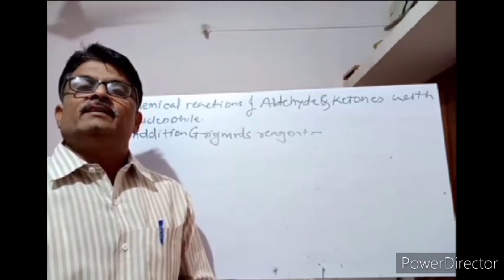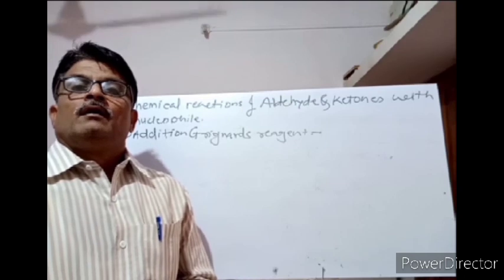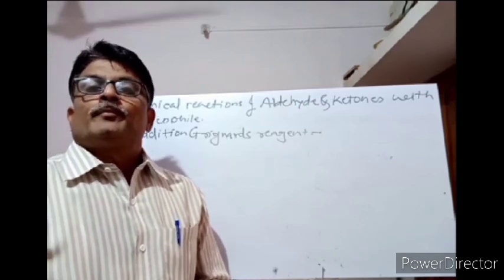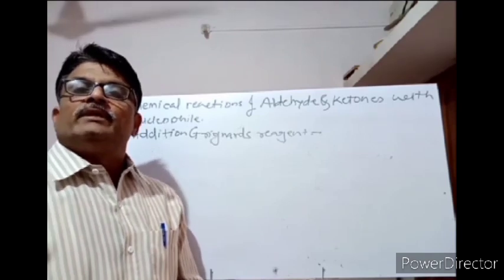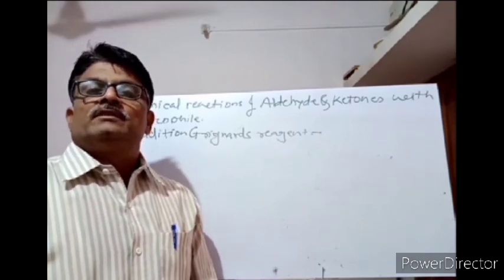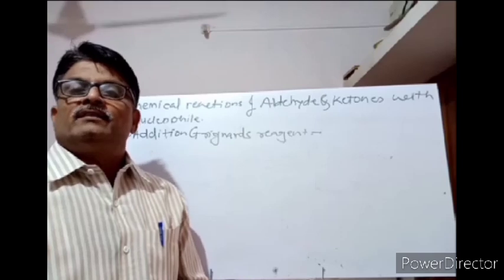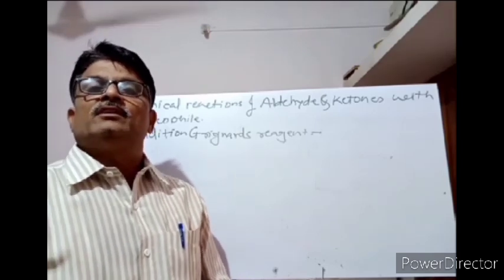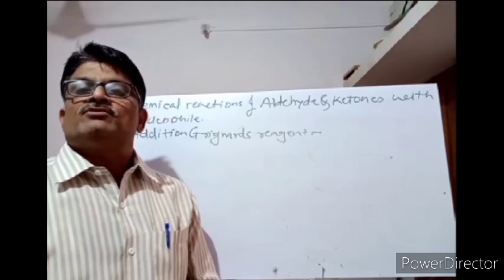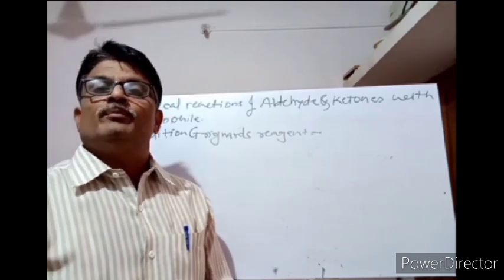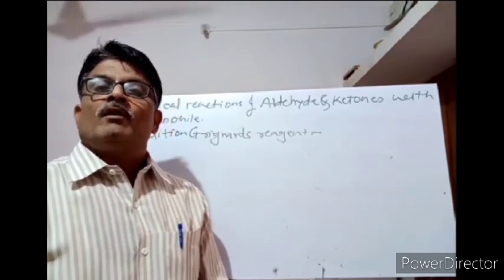As we saw earlier, formaldehyde, when reacted with a Grignard reagent, that is methyl magnesium bromide, in the presence of dry ether, forms a complex which on acid hydrolysis gives a primary alcohol.